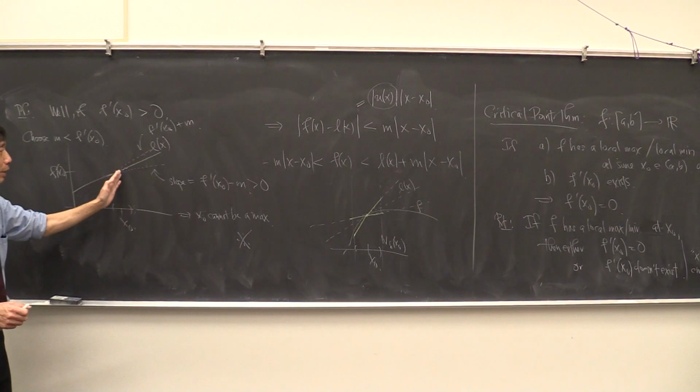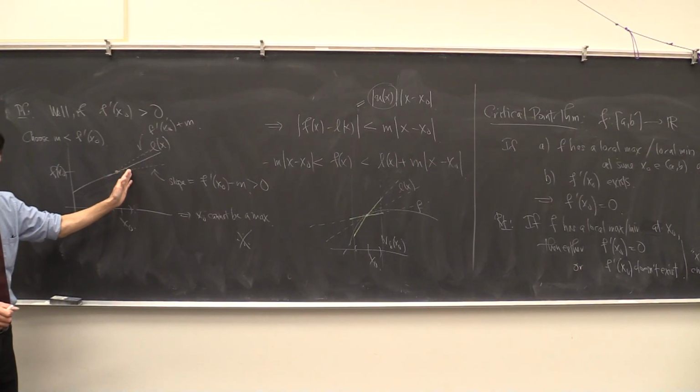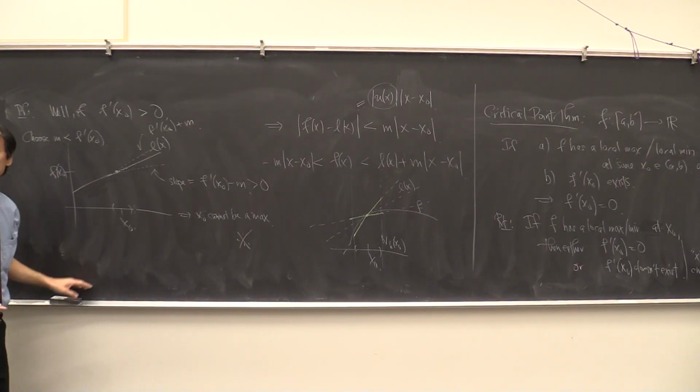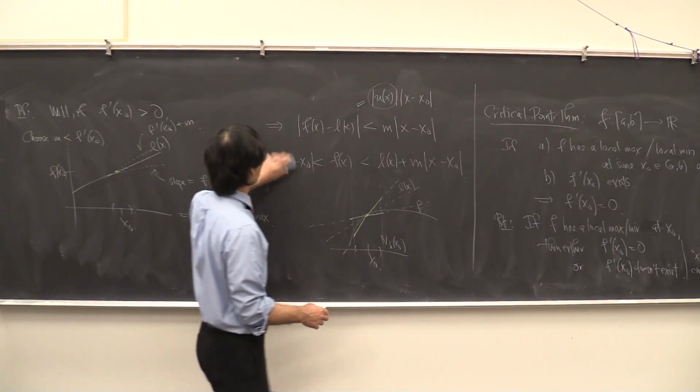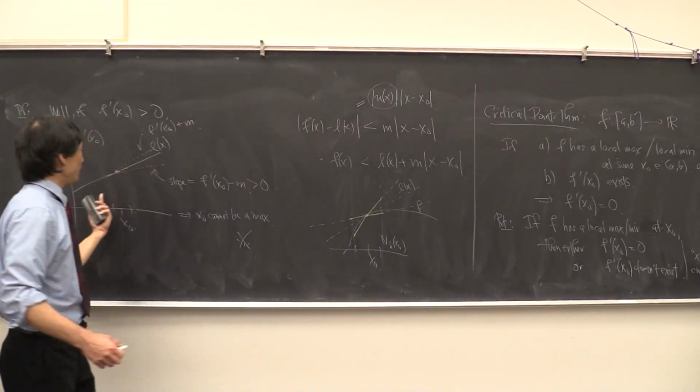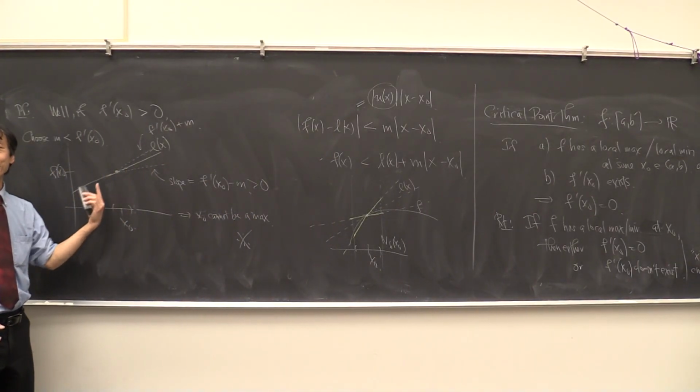And so it's got to be rising there. It has higher values there, and so cannot be a max. And similarly if f prime is less than 0, we do something similar. We would just use the left side rather than the right side.